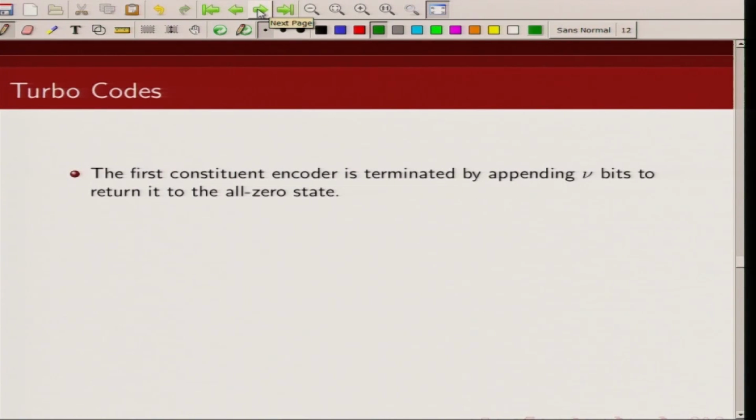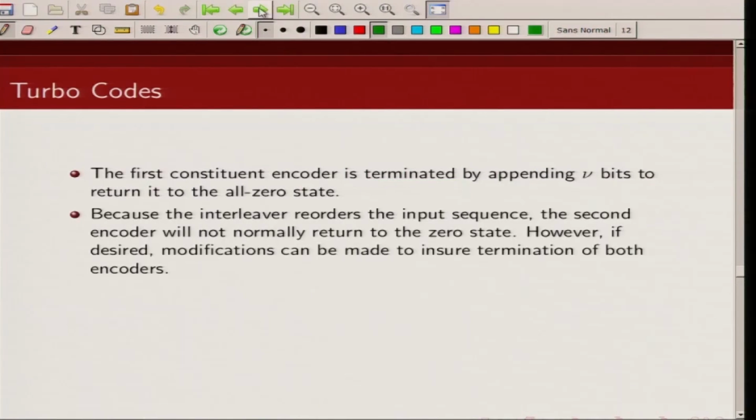Now, typically for better performance, initially the encoder is in the all 0 state, and we like to bring the encoder back to the all 0 state after we have transmitted our information sequence. That is known as termination, and we terminate this turbo encoder by appending some tail bits to our information bits.